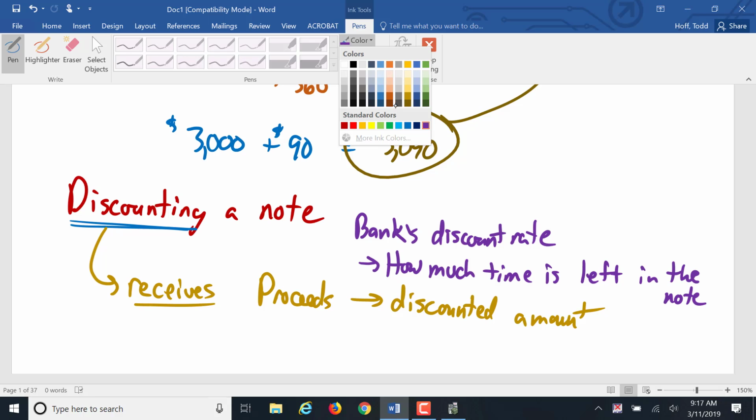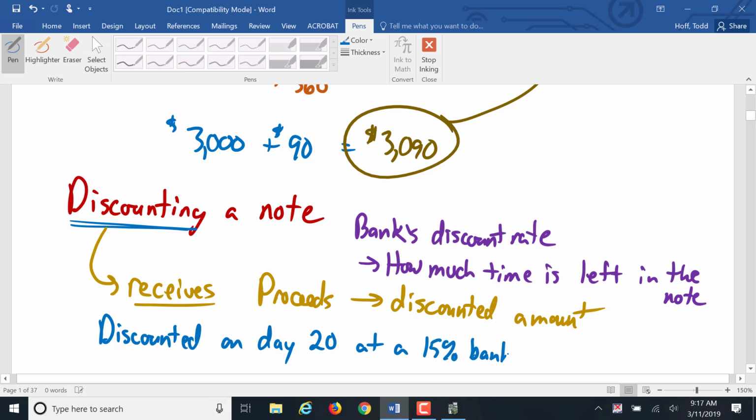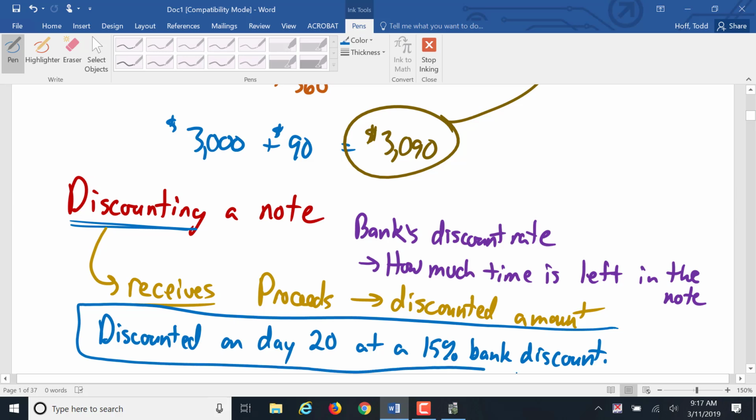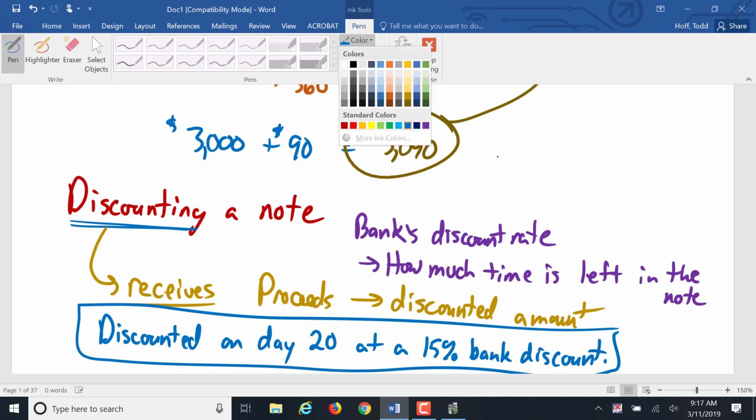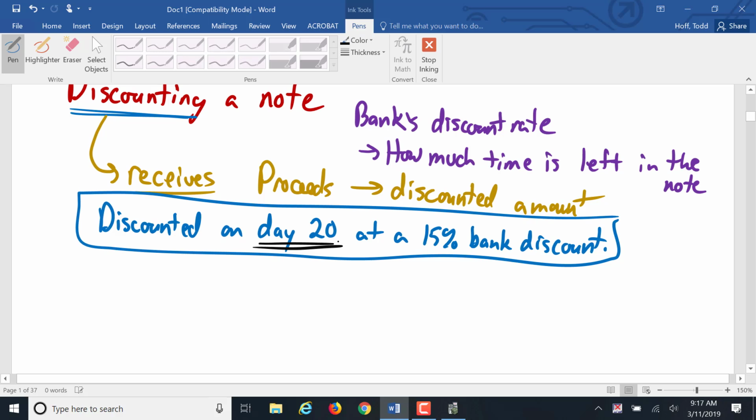So let's, for example, say that the note is discounted on day 20 at a 15% bank discount. So the bank is going to take over that note. They now have the rights to collect that note at the end of the 90 days. It is a 90-day note, and this is on day 20.